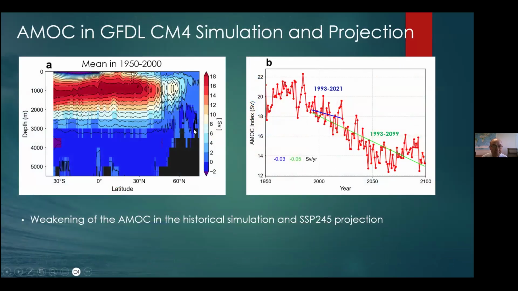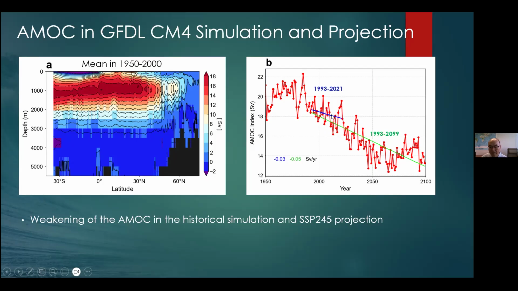So this is the AMOC simulation in the CM4 model. This model simulates a vigorous overturning circulation during the 20th century. The left panel is the overturning stream function. This is the mean from 1950 to 2000. So this is a vigorous overturning. In response to the greenhouse gas forcing, you see the slowdown, the weakening of the AMOC during the 21st century.